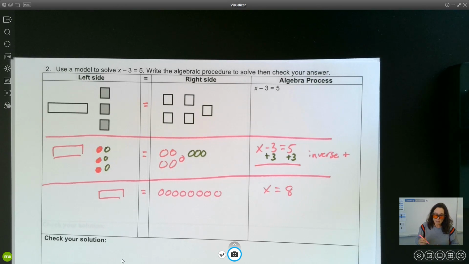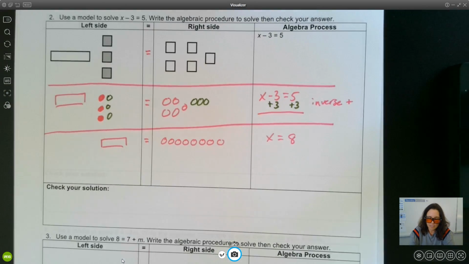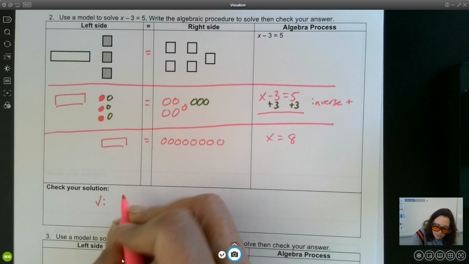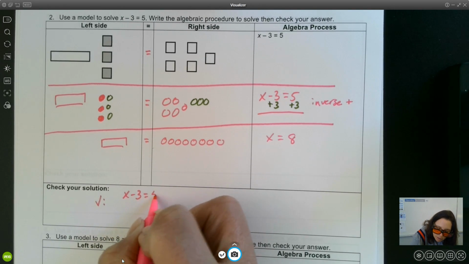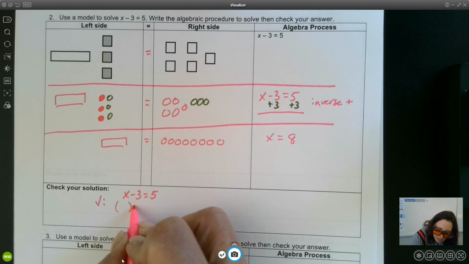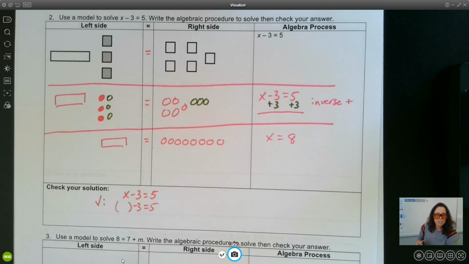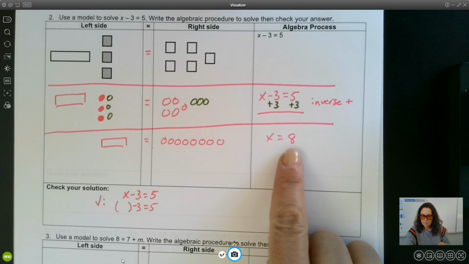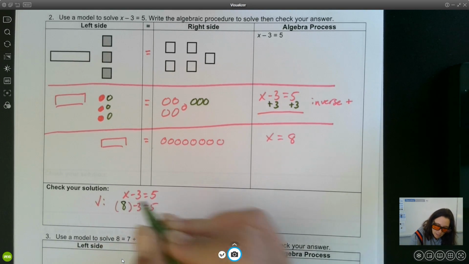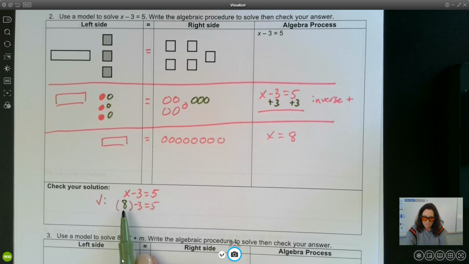Okay, now for the check. For the check, here's your original equation. In place of x, I'm just rewriting the equation the way that it is, but instead of x, I'm putting a parenthesis and tucking in the answer I found. Then I ask myself, what is 8 minus 3?